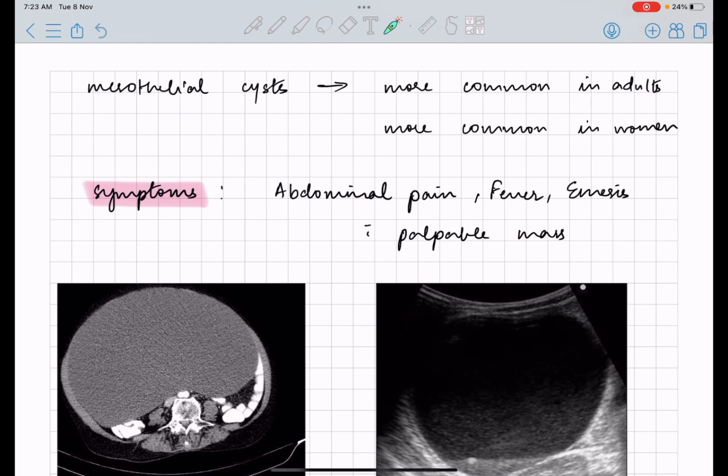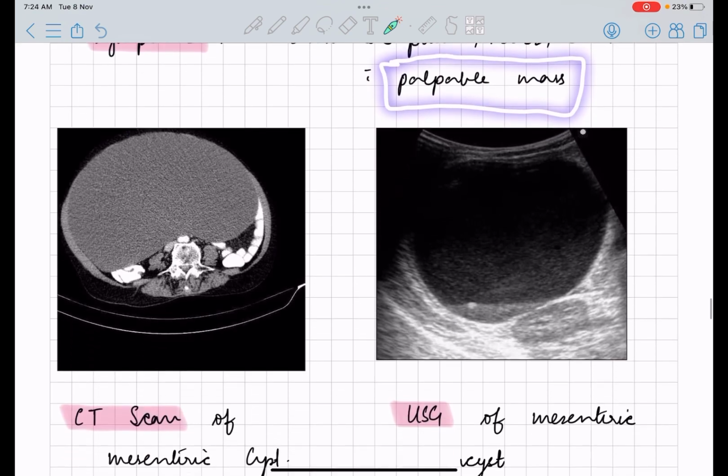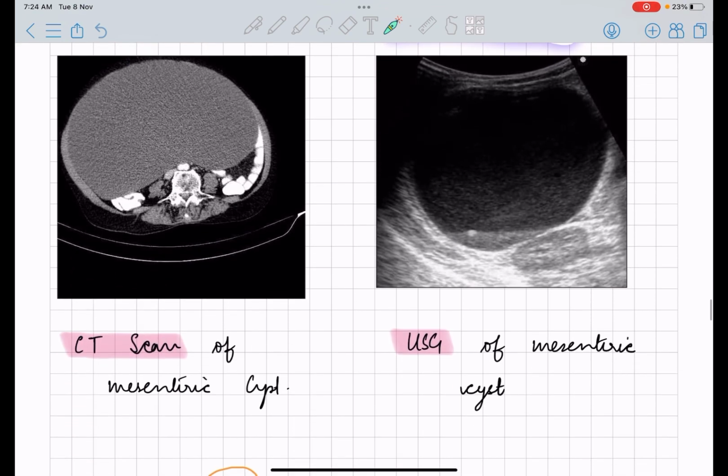Symptoms of a mesenteric cyst consist of abdominal pain, fever, vomiting, and a palpable mass. The picture on the left is a CT scan of a mesenteric cyst.